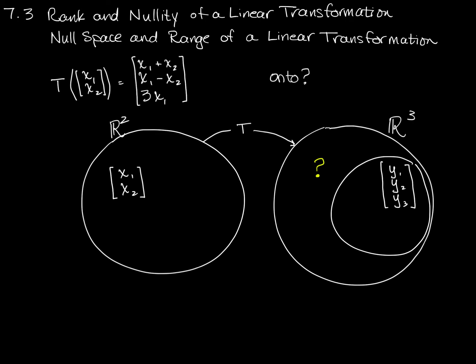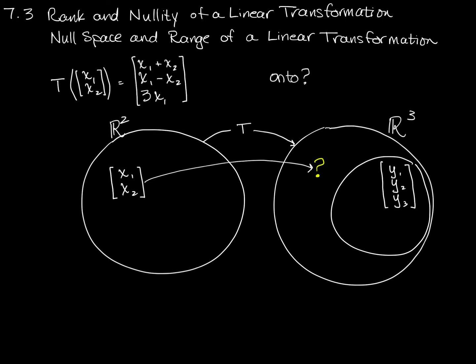Another way to think about it would be to say, is there a vector here whose solution goes to some vector here that's not in my range? Well, pretty much that just means being really comfortable with what the vectors in the range look like.